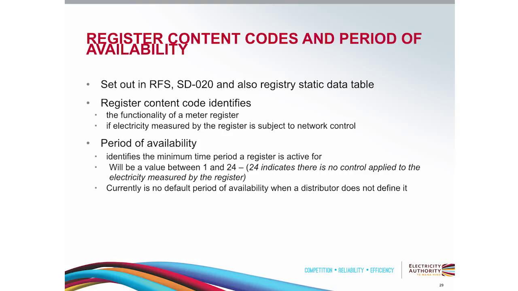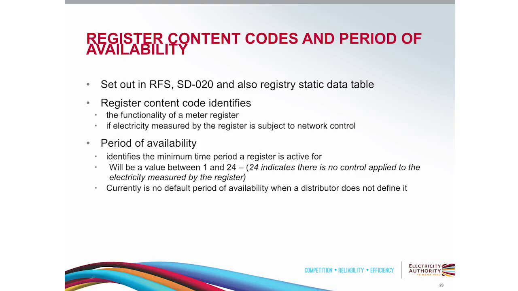It doesn't really accurately describe what the registers are. I do have a better table of it, and if you'd like a copy, contact Sarah over here as well. And the table that I've got breaks down that list into what register content code applies to a single meter or multi-register meters.